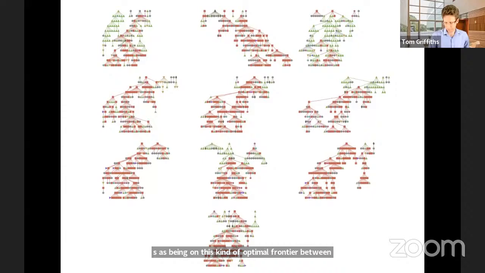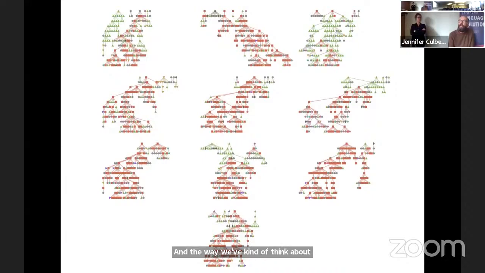And the way we think about the engine that's creating that is as arising from 2 potentially competing pressures on the transmission of language. So one is the familiar iterated learning under inductive biases, and then we just say there's a bias for simplicity.